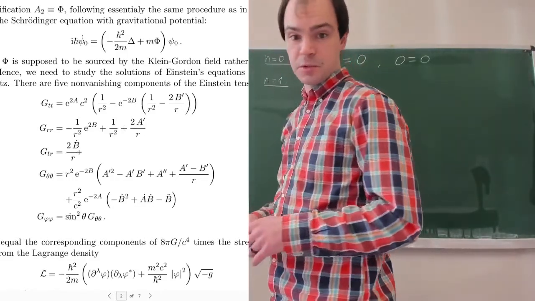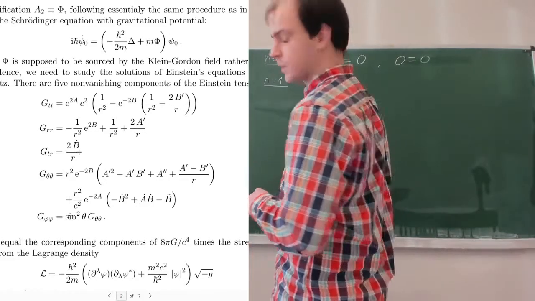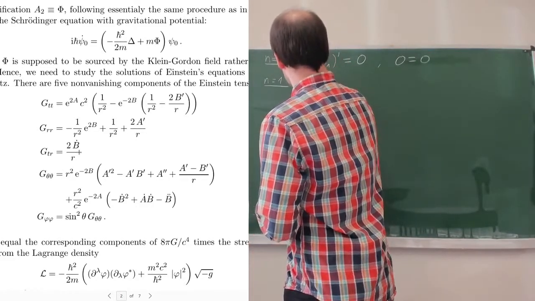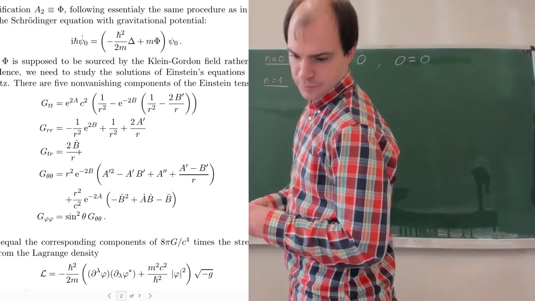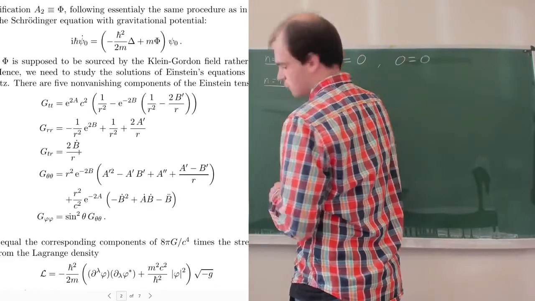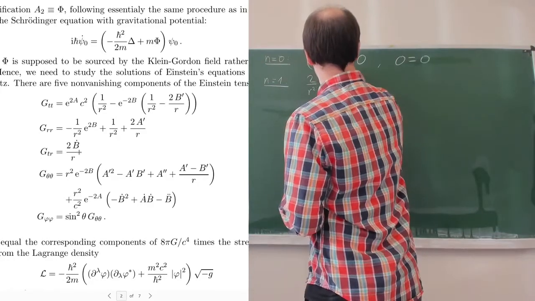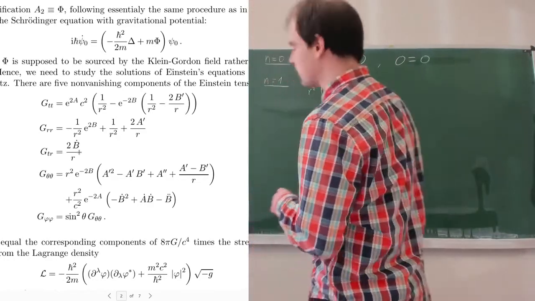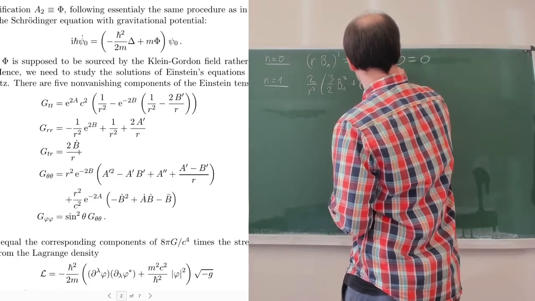And the contribution we get from the Einstein tensor, we can write as 2 divided by r squared times (3/2) b1 squared plus r b2 prime.